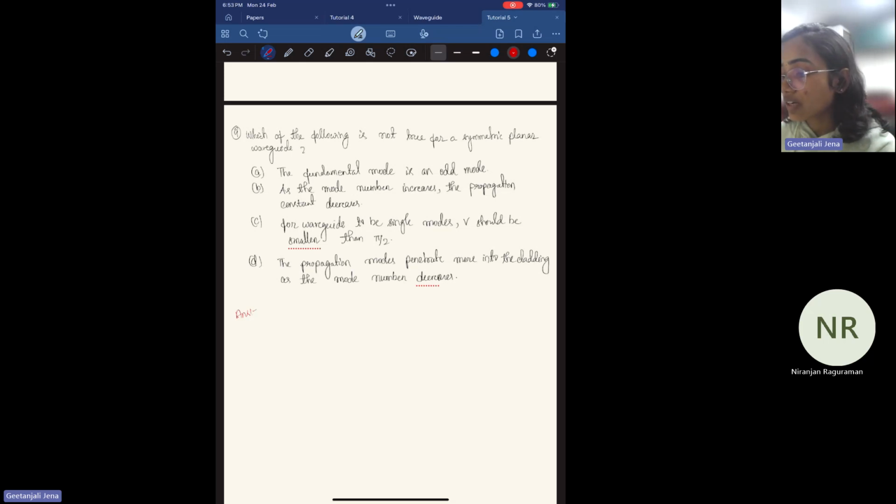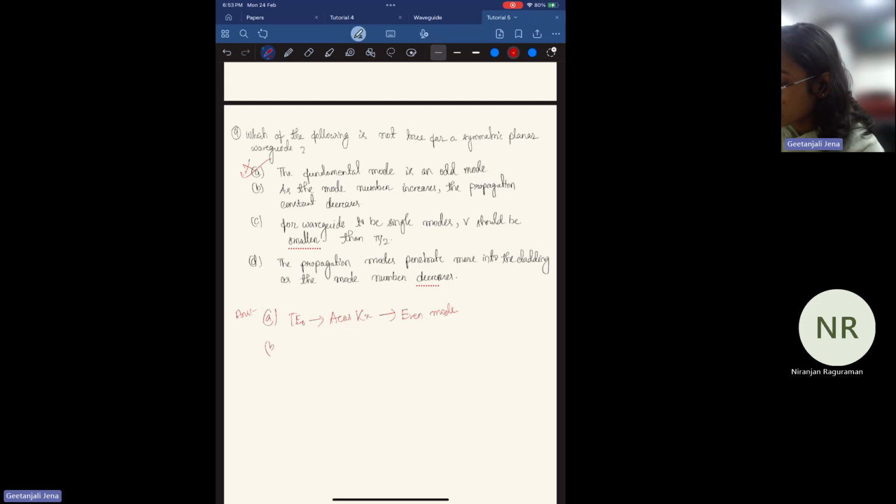The first option is the fundamental mode is an odd mode. If we recall, the fundamental mode, that is the T0 mode, is A cos kappa x. So the fundamental mode will always be an even mode. So this is not true. So the answer can be A.